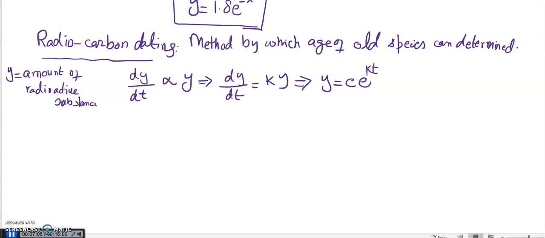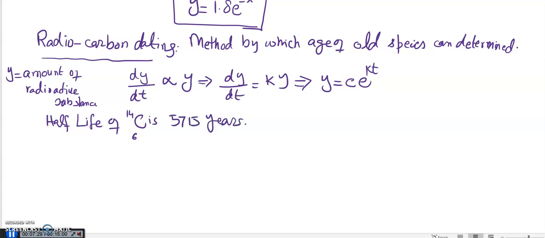This is the general solution. Now let's suppose that the half-life of carbon C-14 is 5,715 years.